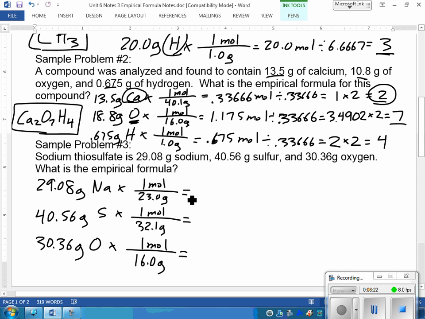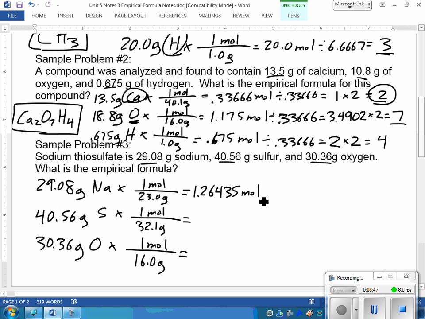So 29.08 divided by 23 gives us, and we're at 4 sig figs here, so I'm going to go 1.264, and then I'm going to keep going, just to be careful, 3, 5. Right, I went out 2 past what I needed.